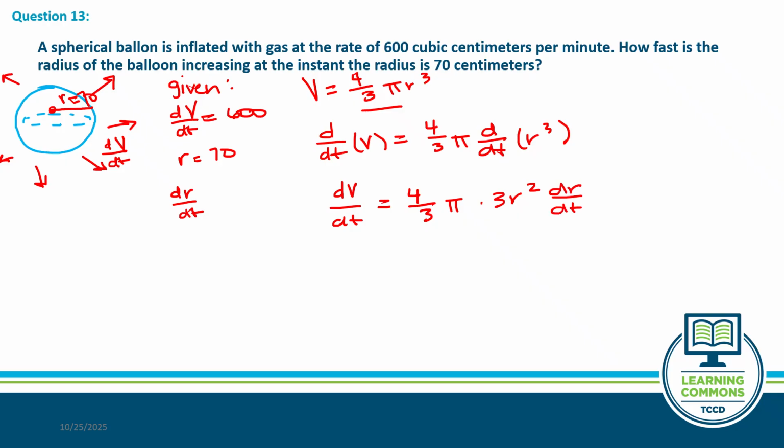Again, start plugging and playing. 600 equals 4 over 3 pi times 3 times 70 squared times dr dt. At this point, I usually move everything over.